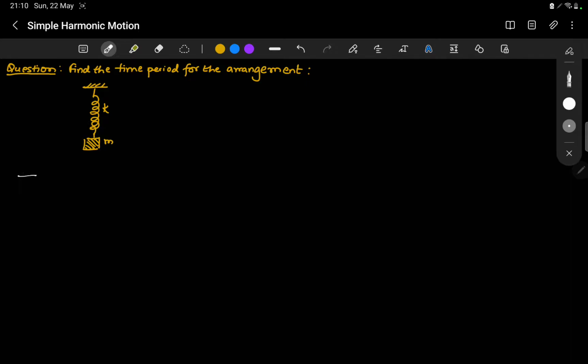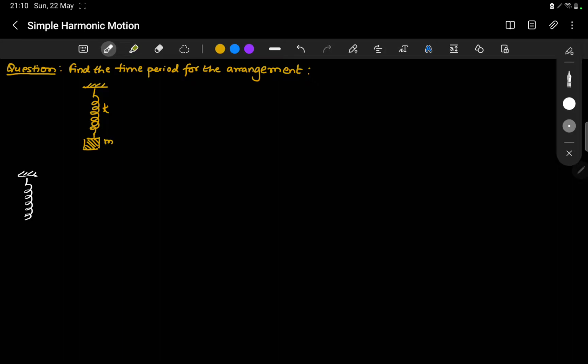So before attaching the mass, let us assume that the spring is hanging vertically. So we have not yet attached the mass to it.